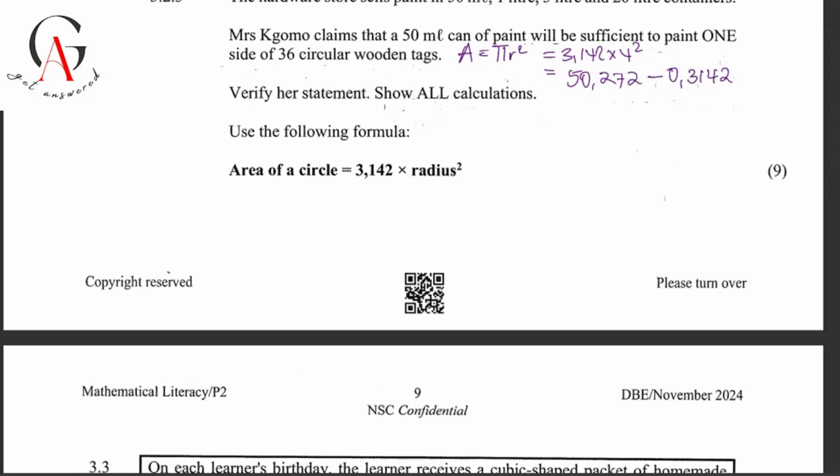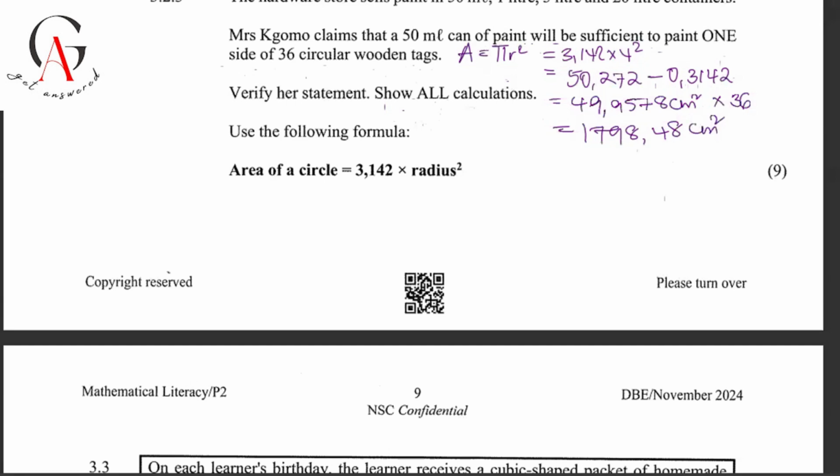Subtract that and you end up having 49.57 centimeters squared. Then multiply by 36. Multiply by 36, remain with 1798.48 centimeters squared.